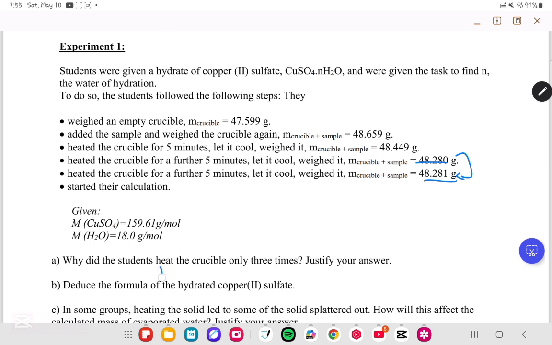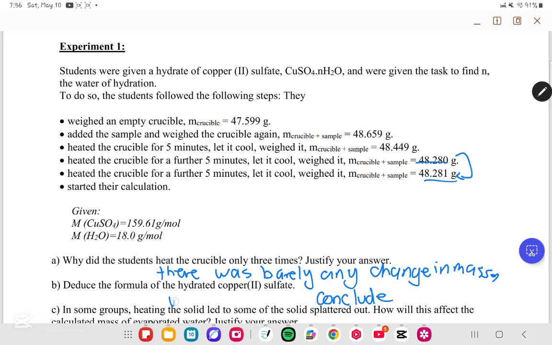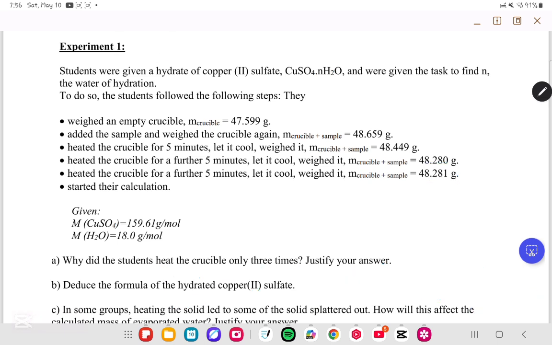So the answer is that there was barely any change in mass, and because of that, we can conclude that all the water had evaporated. So very simply, that is it.